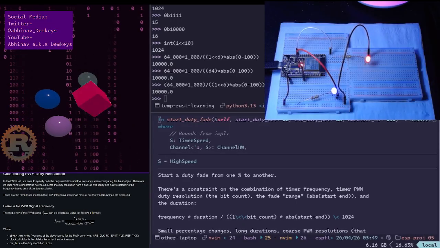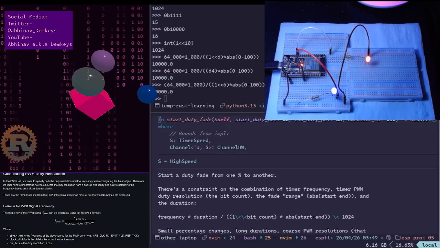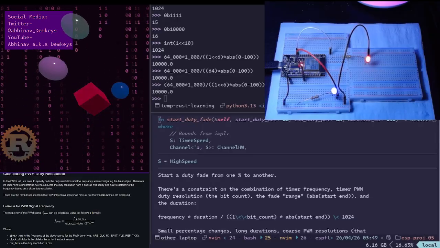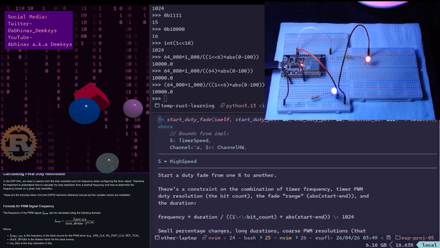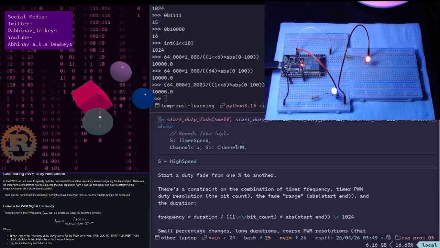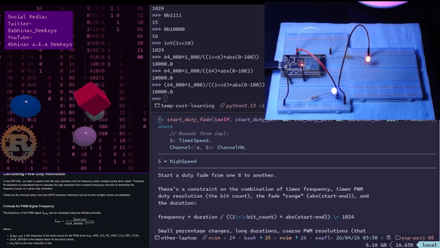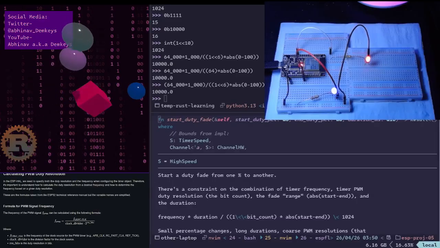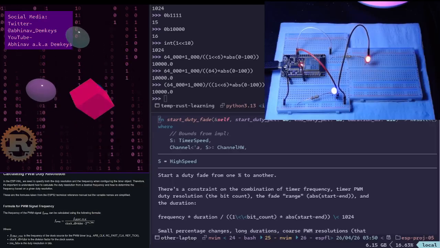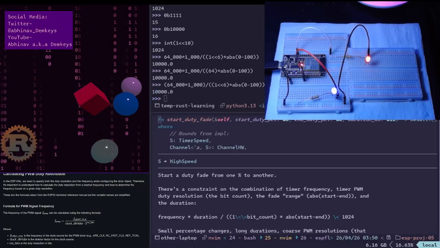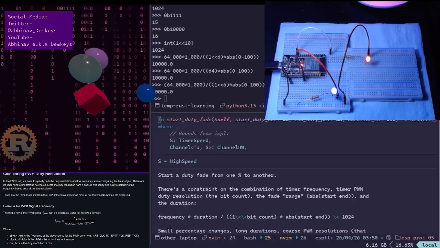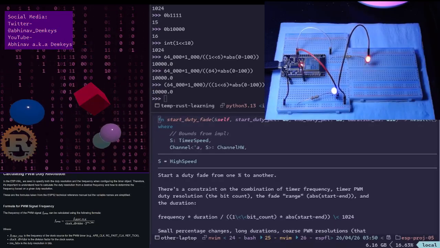Specifically, I'm confused about the quote unquote constraint because I did the calculation with a frequency of 64 kilohertz, duty res of 6 bits, and wait, duration 1000 milliseconds, start 0 and end 100.